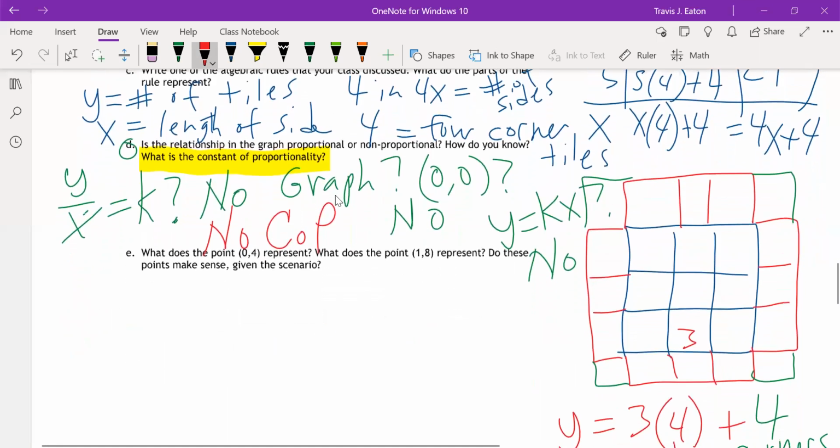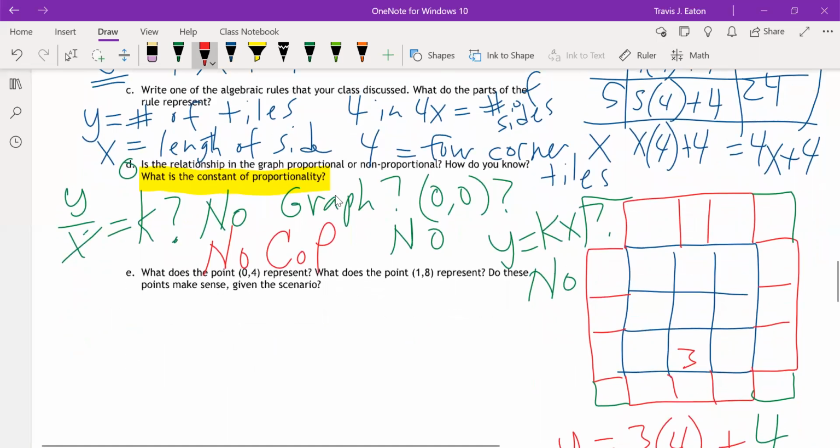So going back to our graph, now looking at question E, what does the point 0, 4 represent? What about the point 1, 8? So what would 0, 4 represent on our graph?